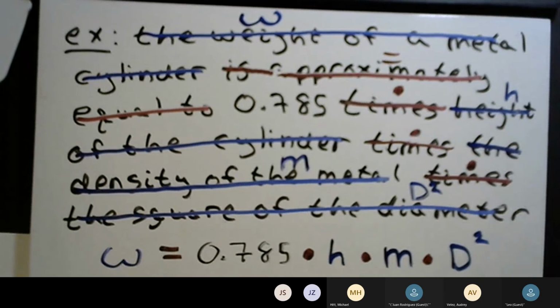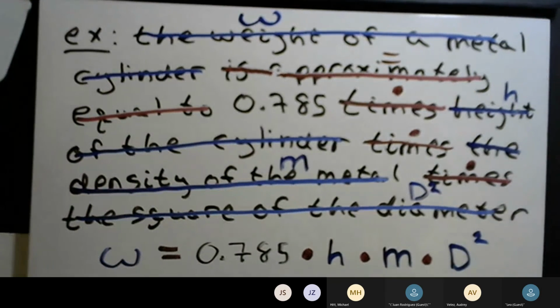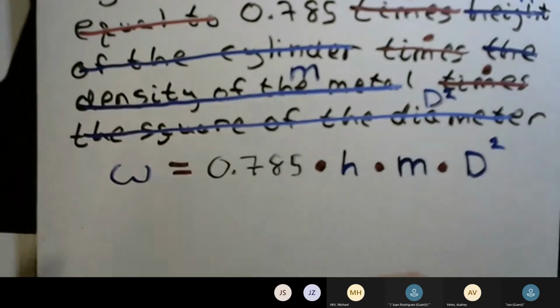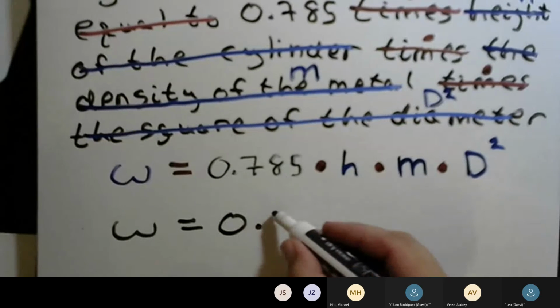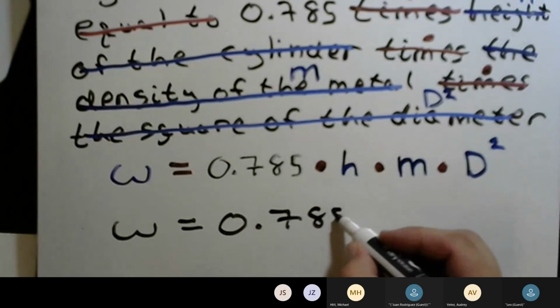Now again, remembering in algebra, we make the multiplication signs invisible unless we're multiplying a number and another number. But if it's variable and variable, or number and variable, make it invisible.